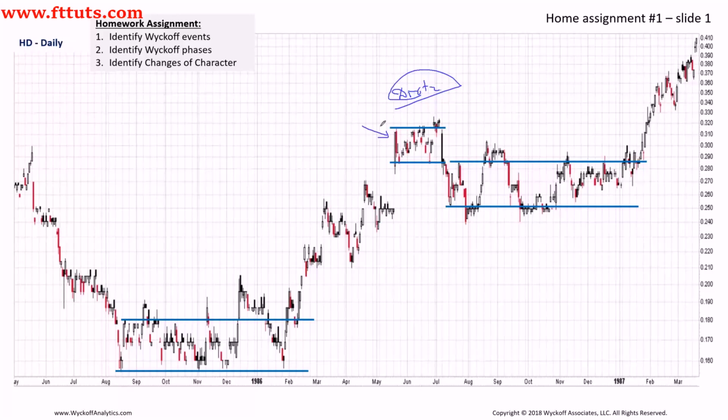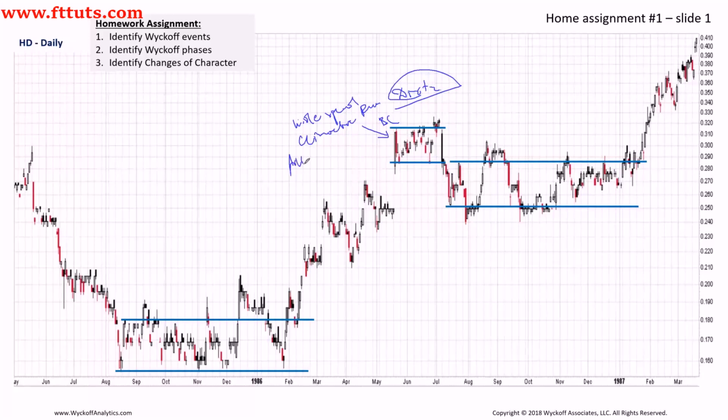What are the characteristics of this buying climax that we see? Widespread rapid rise of the price to a new high when compared to the previous high. Climactic run. Right. And then it's immediately followed by an automatic reaction.